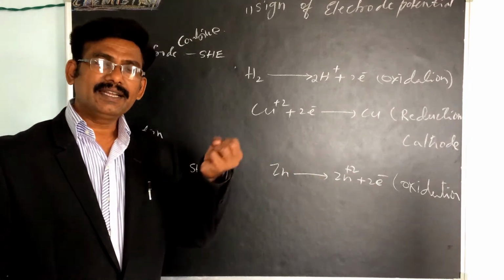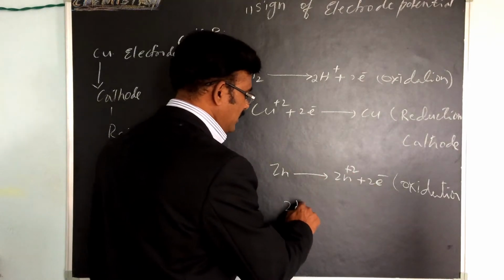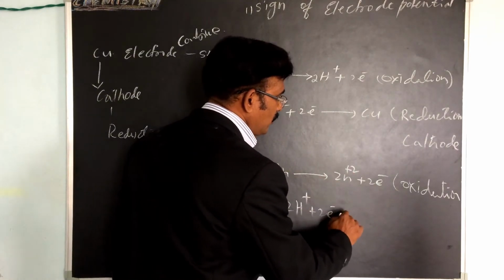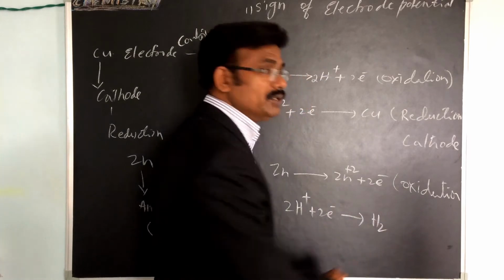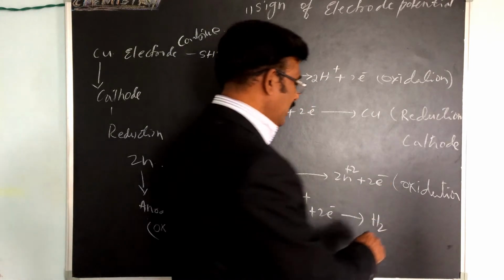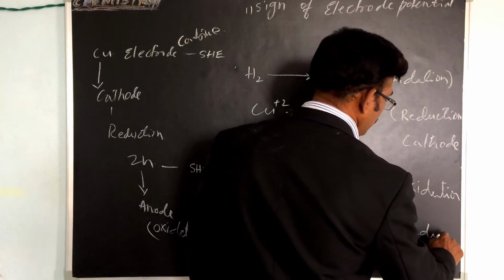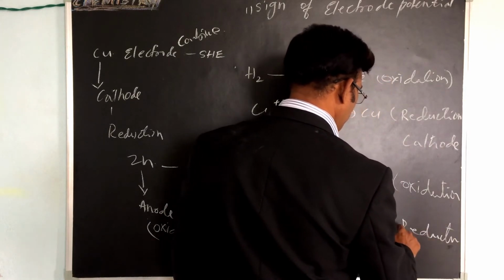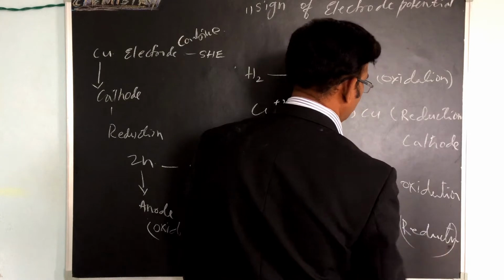These electrons are taken by 2H+ ions to form hydrogen gas. This is reduction.